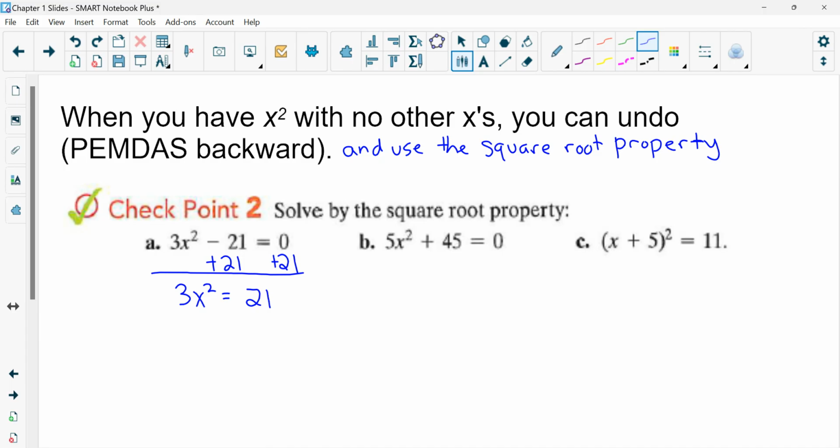There's no other addition subtraction, so as I move backwards on PEMDAS, now I undo multiplication division. So I'll divide both sides by 3, and I would get x squared equals 7.